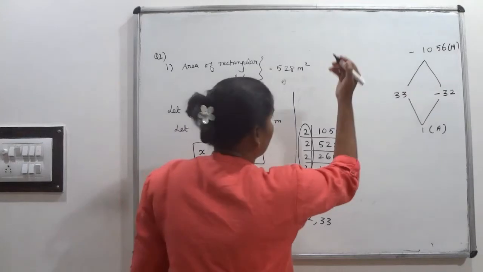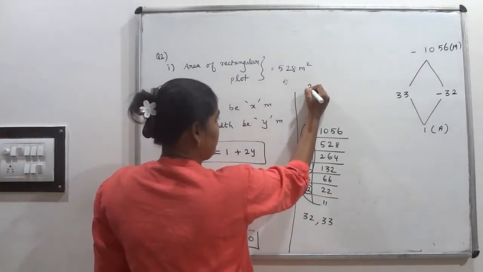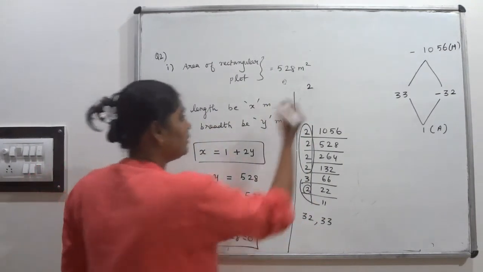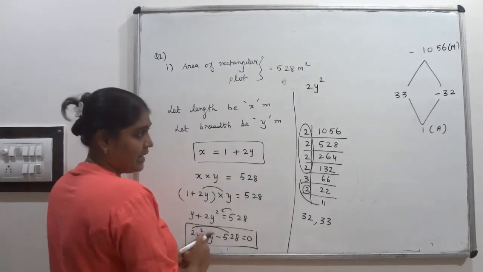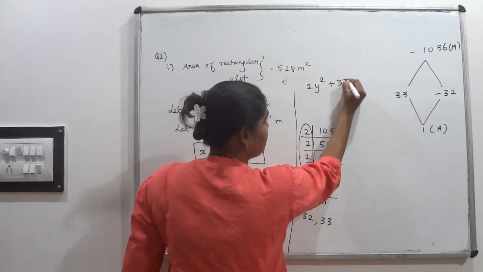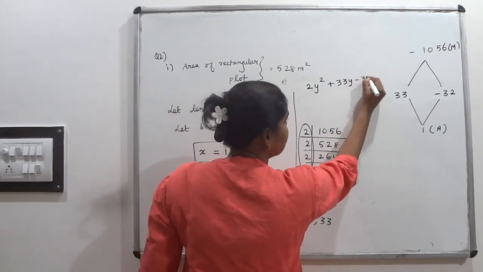By using these two numbers, I am going to split this equation so that I will get the x and y values. See, 2y square, this plus y, the middle term I can split as plus 33y minus 32y.